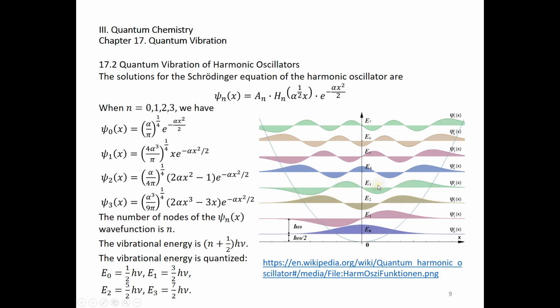So they do look similar to each other, because if you think about it, if you examine the Schrodinger equation of the harmonic oscillator, if you examine the shape of this potential energy, it's almost just like an energy barrier, right? You have a particle confined by this barrier.